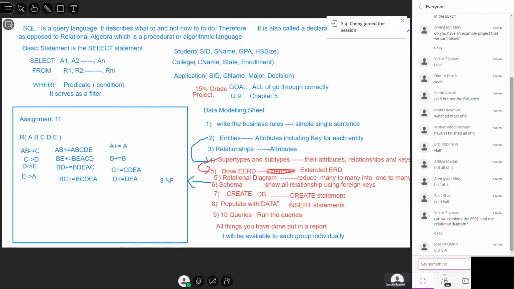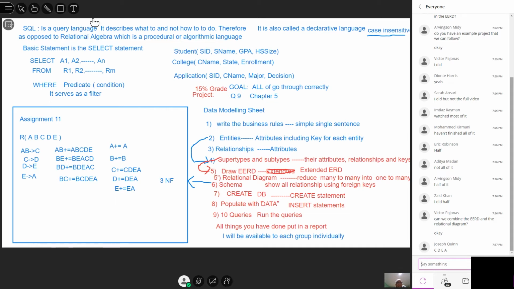E and A. That's it. So if we look at any one of these separately, none of them is a super key. So these are minimal super keys.